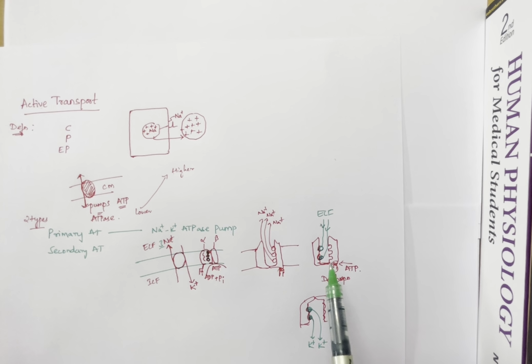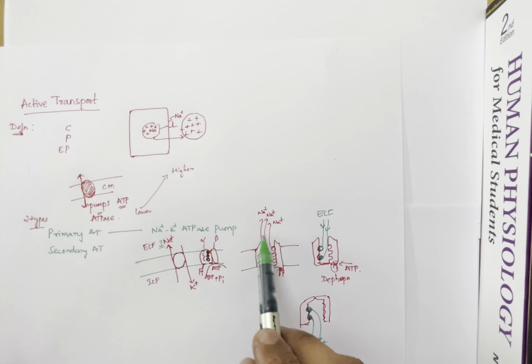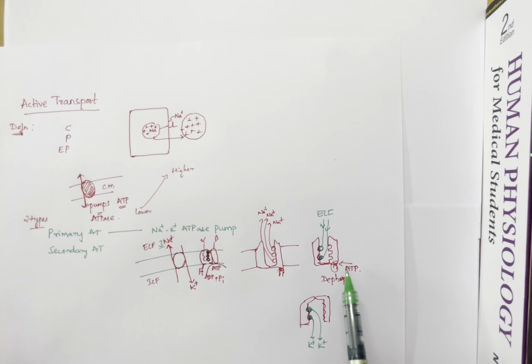So it is having inherent enzymatic activity breaking down the ATP, and phosphorylation of the integral membrane protein will result in pumping out of sodium ions to the exterior, and addition of new ATP and dephosphorylation of the sodium potassium pump will result in pumping of the potassium ions.